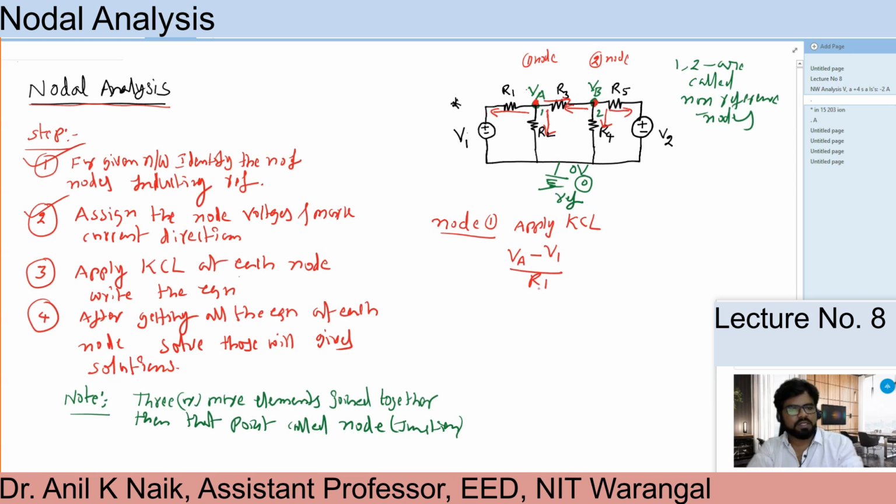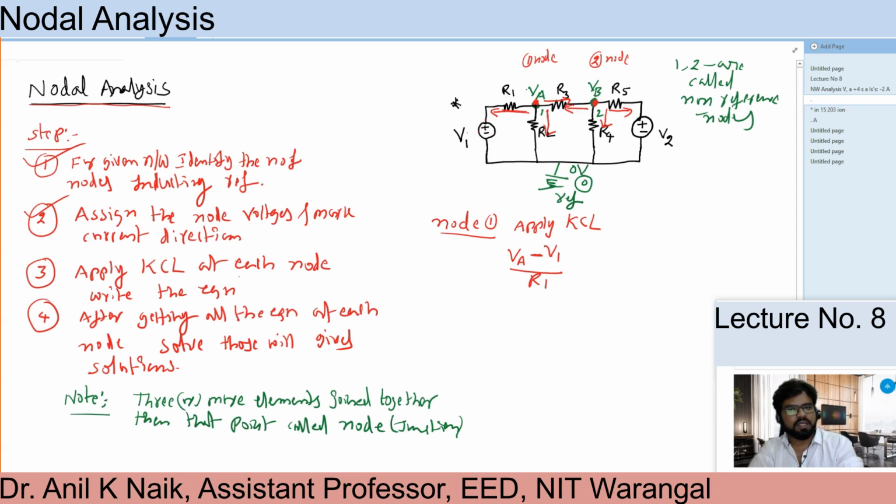So this is the first current, isn't it? Voltage by resistance is current. This current I am writing in this direction: VA minus V1 by R1. Why am I taking minus here? Because according to my current direction, this source, plus and minus, is opposing.